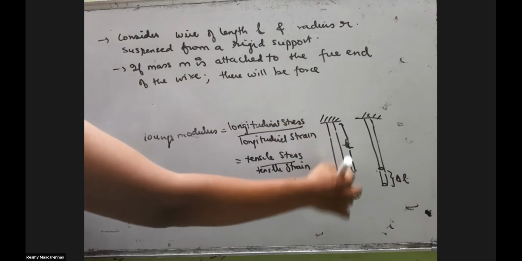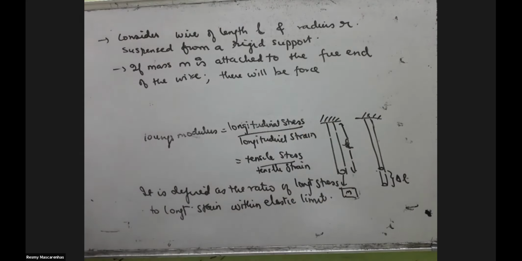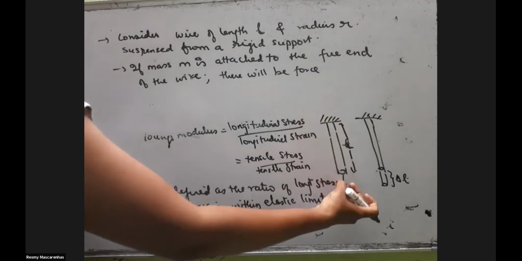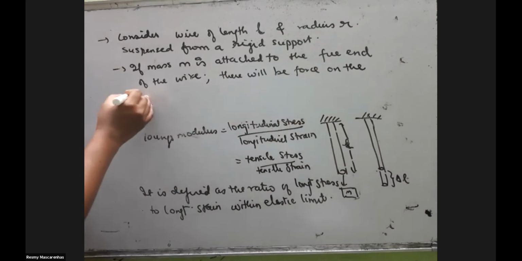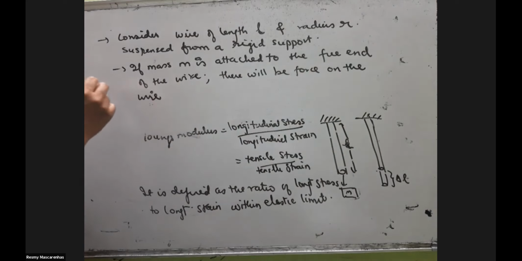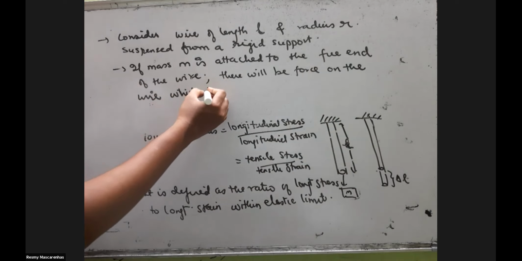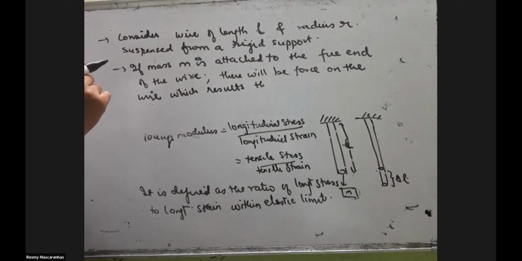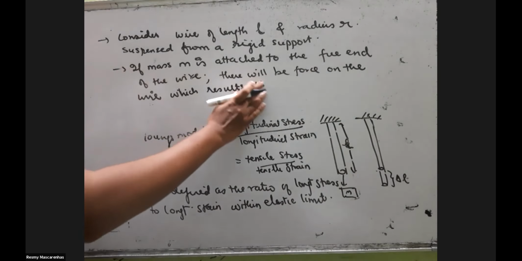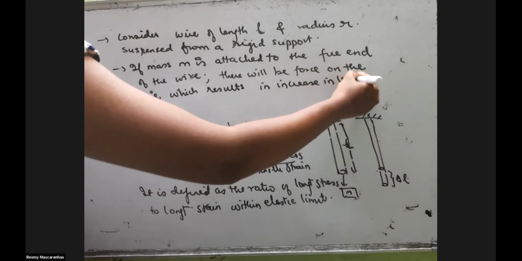Because obviously this block is of mass M, if you attach it to the wire, definitely there will be a force applied on the wire. It will try to pull it. So there will be a force on the wire which results in an increase in length.